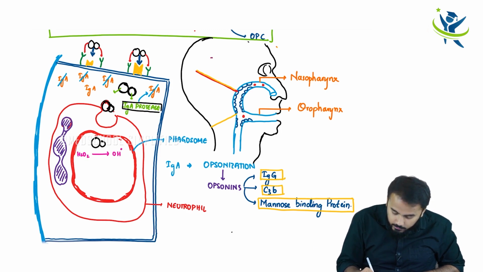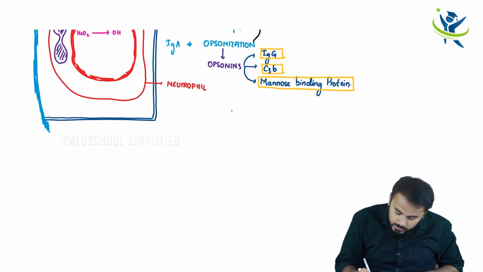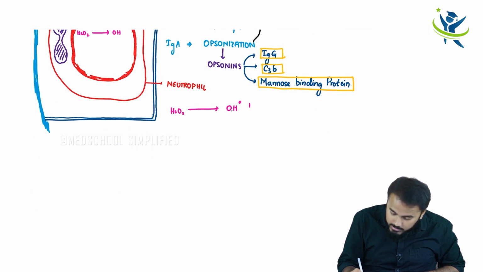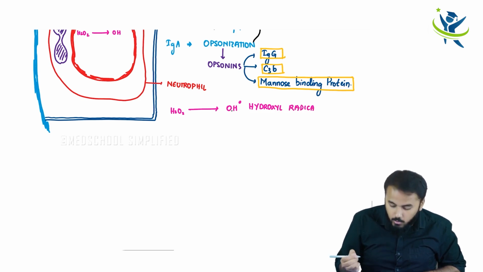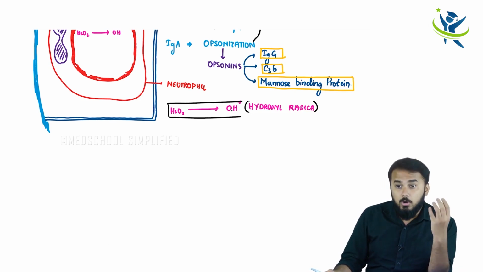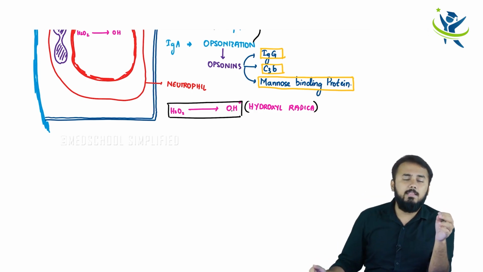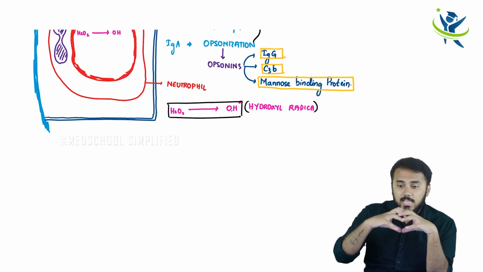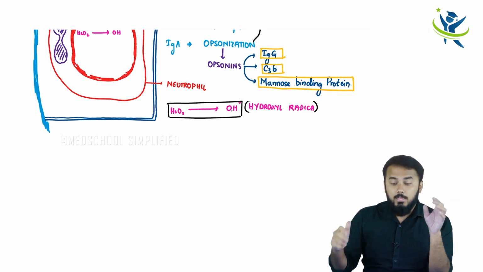H2O2 is getting converted into OH dot. This is called hydroxyl radical, or simply reactive oxygen species. These hydroxyl radicals or superoxide radicals or whatever radicals are there will kill the bacteria very fast. They will cause lysis of the bacterial cell membrane.